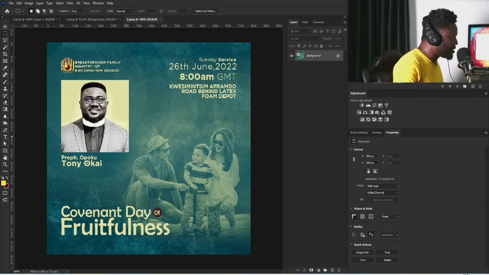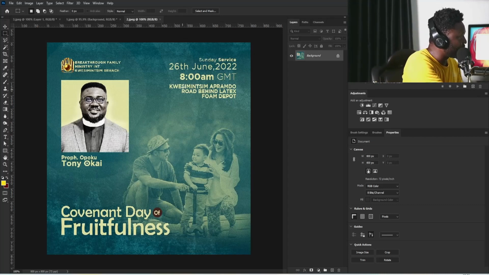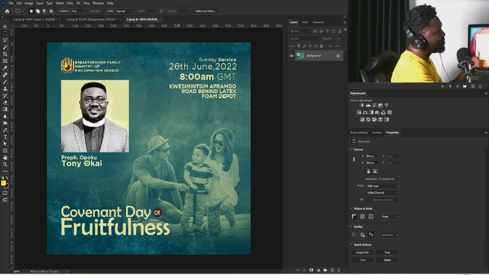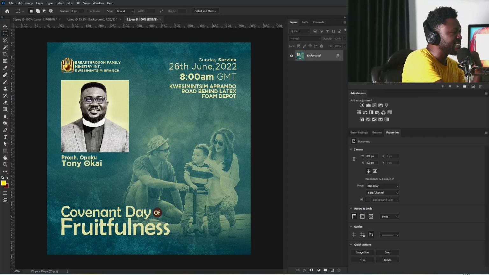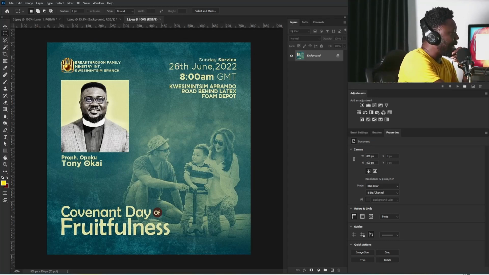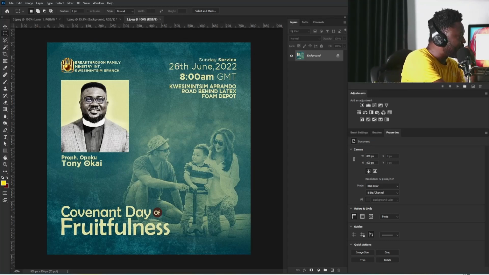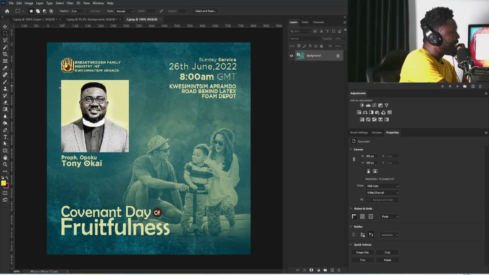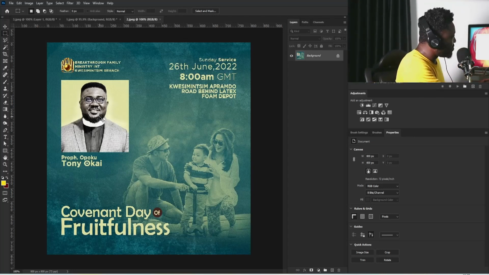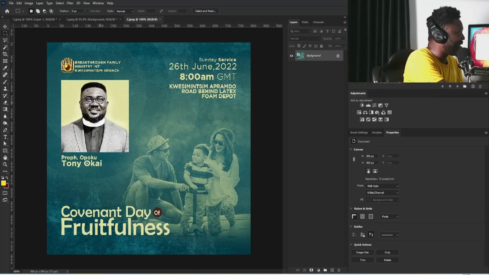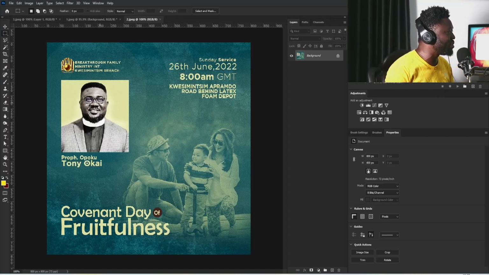If you look at the text used on this design, 80% of the text shares the same weight, and that's not helping at all. And the minister's picture is too big. It's taking 70% of the design, and that's not okay at all.